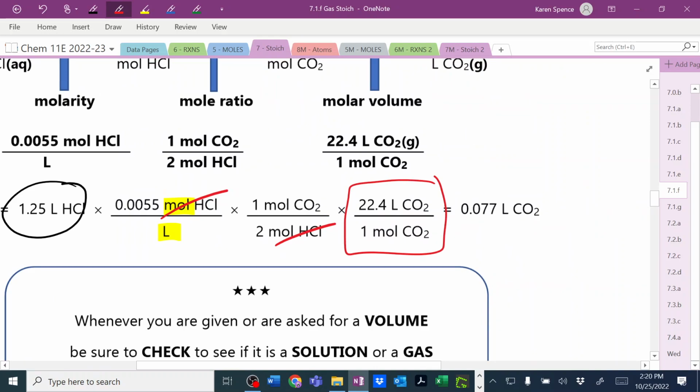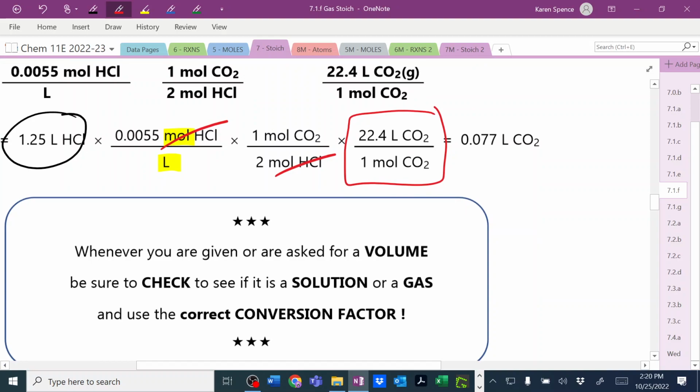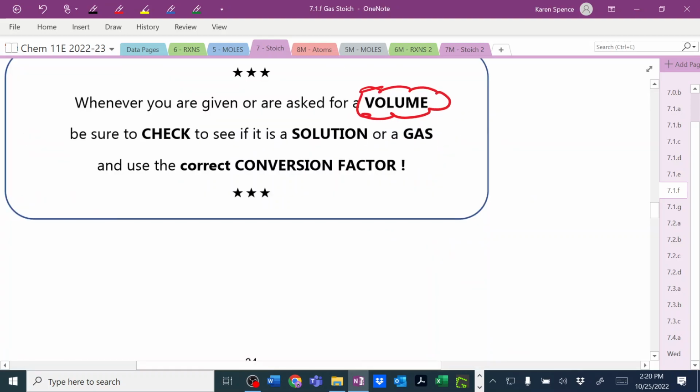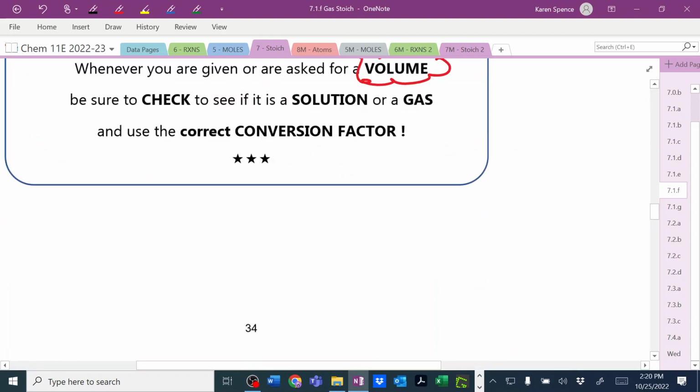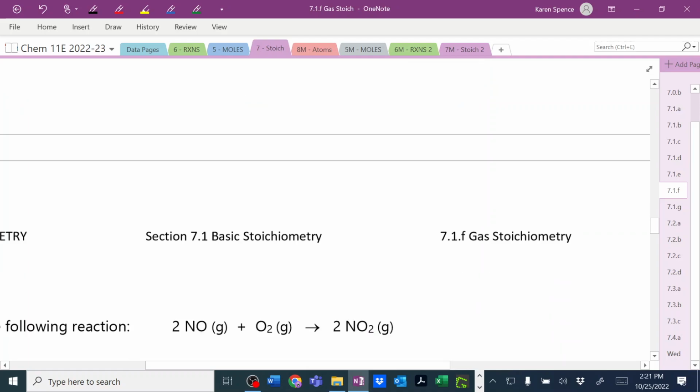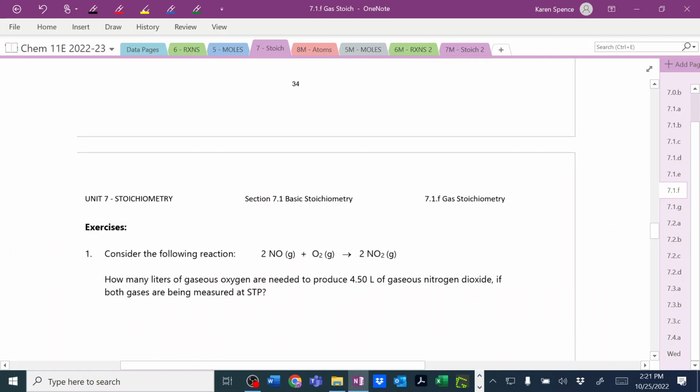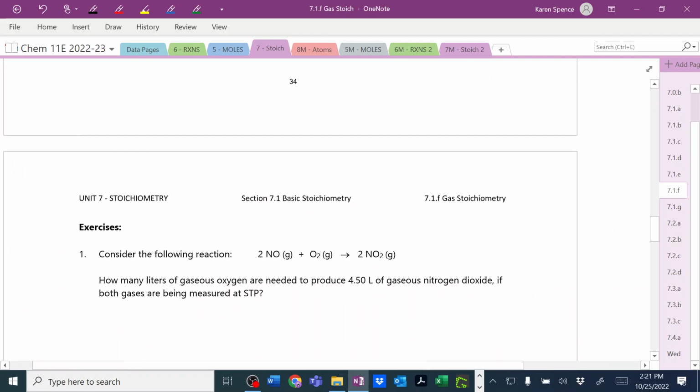So whenever you are asked for a volume, be sure to check: am I looking for a volume of a solution or a volume of a gas? And make sure you're using the correct conversion factor. I think that's really the only thing that's a little tricky here. So just try a few of these to make sure you're on the right track.